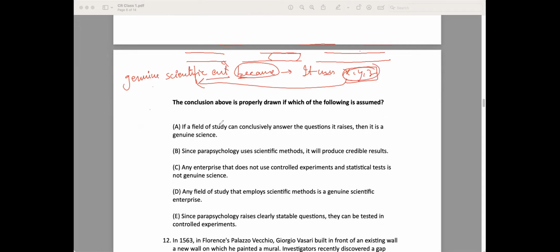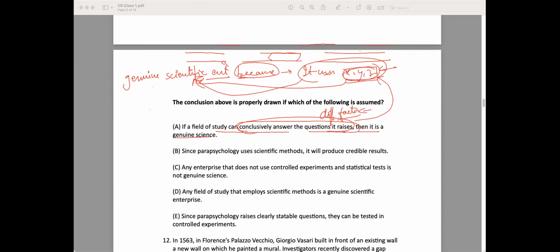Okay, so if a field of study can conclusively answer the question it raises, then it is a genuine science. Conclusively answering the question it raises is different from using XYZ. What we are saying is it uses certain things. That's why we are calling it a scientific enterprise. So it's a different factor altogether, other than XYZ.